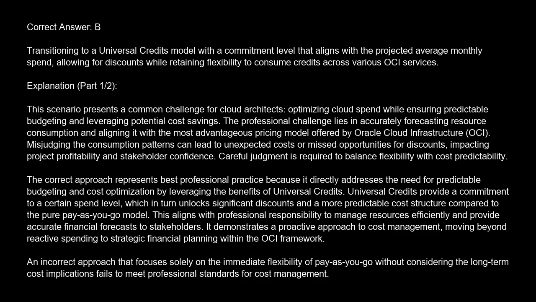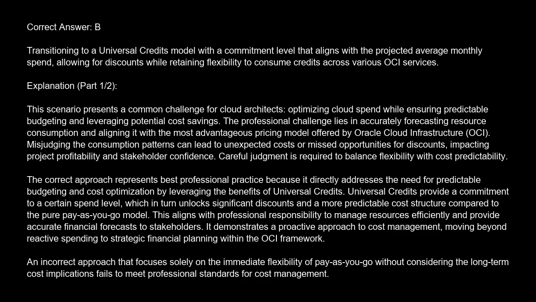Misjudging the consumption patterns can lead to unexpected costs or missed opportunities for discounts, impacting project profitability and stakeholder confidence. Careful judgment is required to balance flexibility with cost predictability. The correct approach represents best professional practice because it directly addresses the need for predictable budgeting and cost optimization by leveraging the benefits of universal credits.